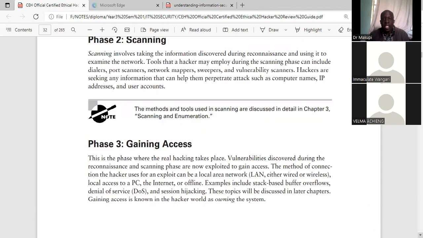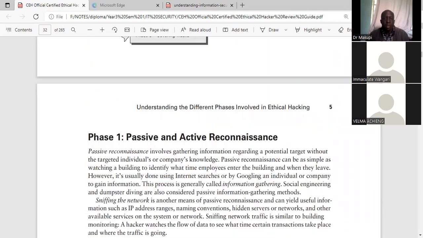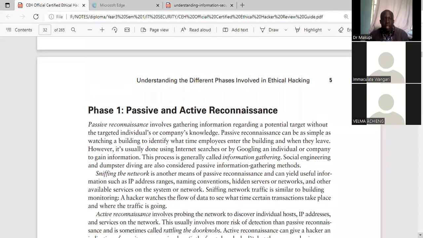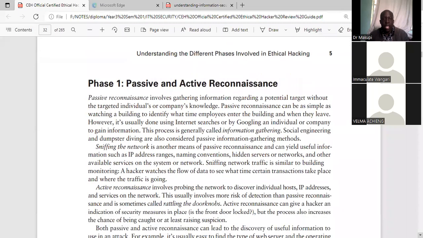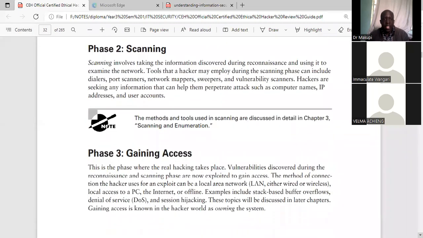Very important. The second phase we were discussing, for those who are joining, we are discussing the phases of ethical hacking, and we have agreed on the first phase, phase one, to be passive and active reconnaissance. The second phase is scanning. So you take information discovered during reconnaissance and use it to examine the network.